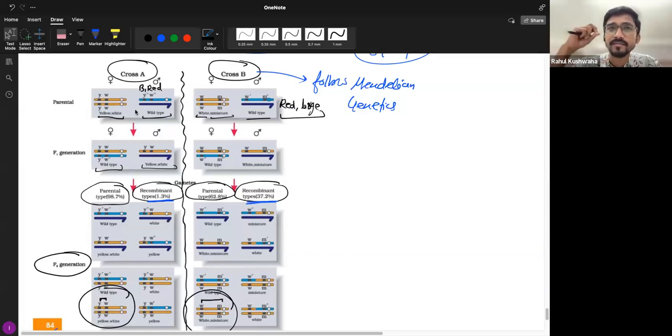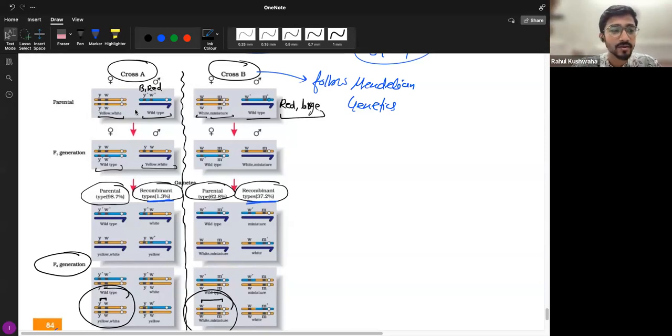Similarly, once Morgan figured out linkage, they started to ask more and more questions, and there came Sturtevant, who wanted to study the reason behind linkage. Then he figured out that genes are located either close or far away from each other. The genes which are located close to each other always show linkage, but the genes which are located far away from each other do not show linkage.